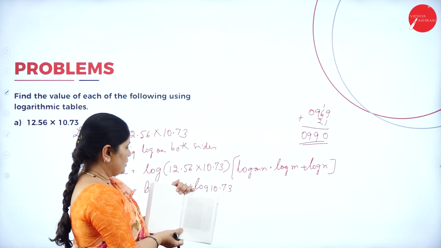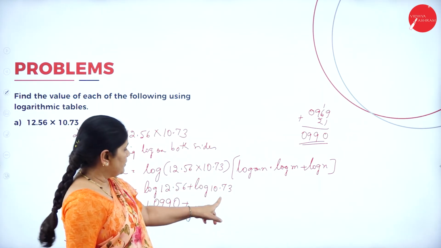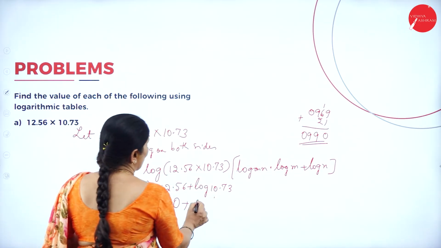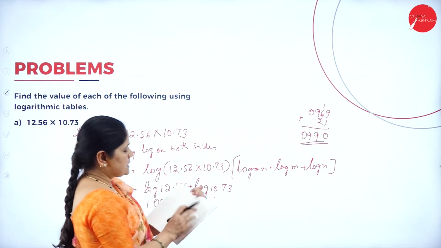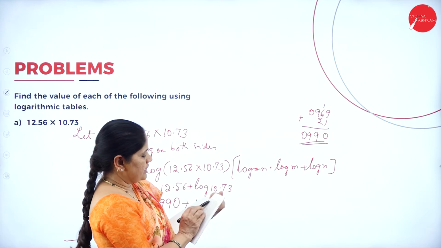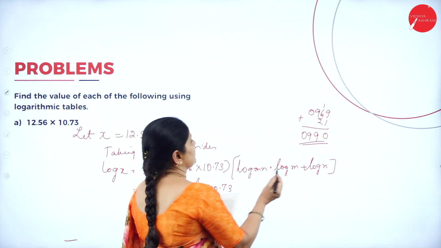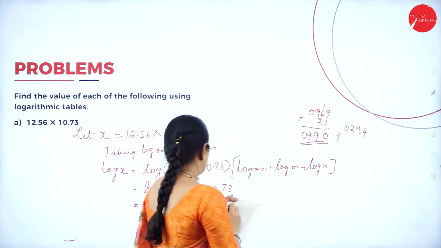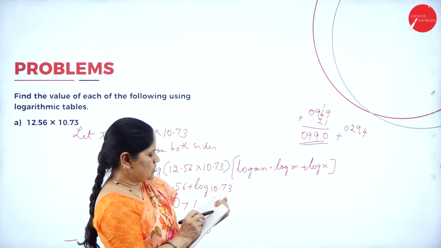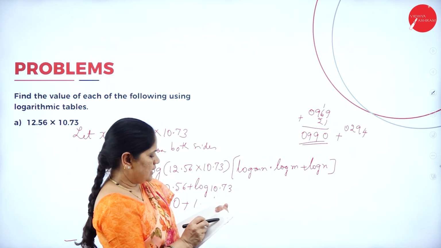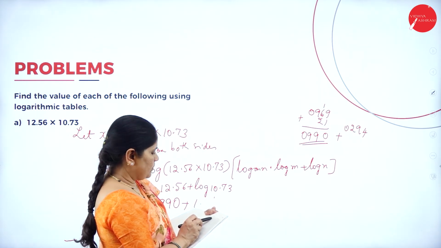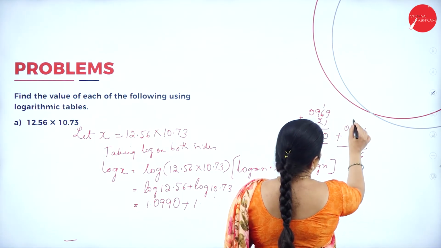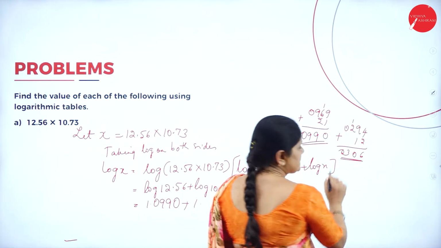Now, I have to see the number of digits to the left of the decimal. How many digits are there? 2 digits. So 2 minus 1 is 1. So 1.107. What is the value of 7? 0294. So 0294 plus 3, it comes up to 12. 4 plus 2, 6, 9 plus 1, 10, borrow 1, 3, so 0306.